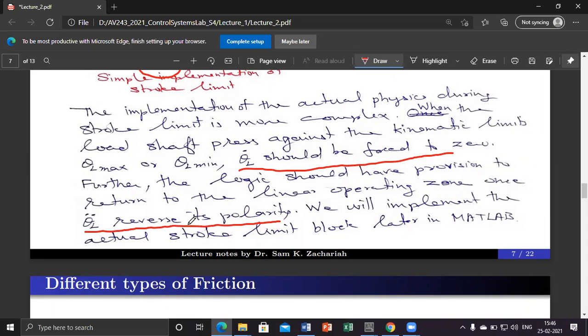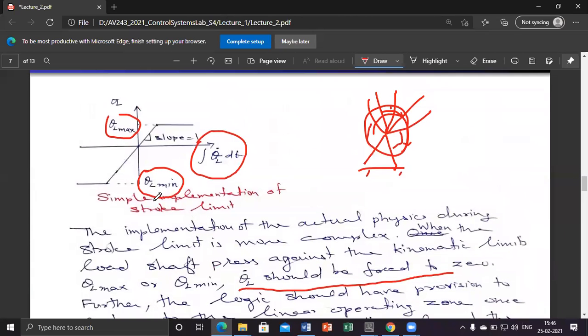We will implement this in some subsequent class, but now we will assume the simple logic, that is, we will just use a saturation block of Simulink and put it at the output of theta L to limit it to some value. But actually, the moment theta L crosses the limits, we have to have a logic to force theta L dot to zero, and theta L double dot also will be zero.